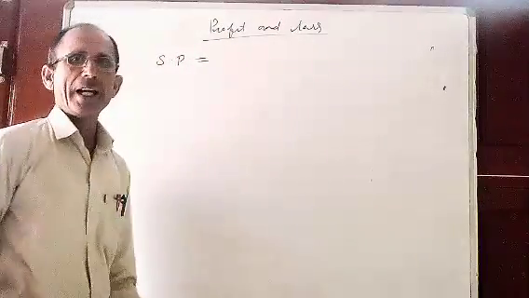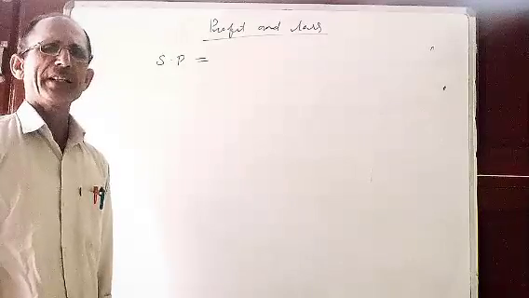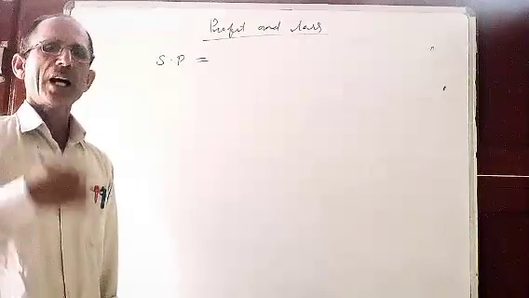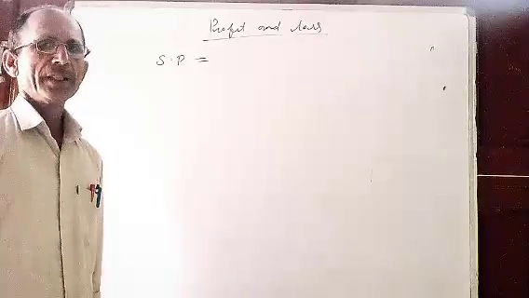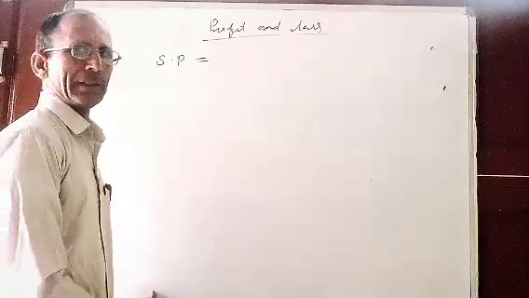How do we find the SP? If cost price is given, and loss percent or profit percent is given, then how to find SP? For this you have to learn this formula.